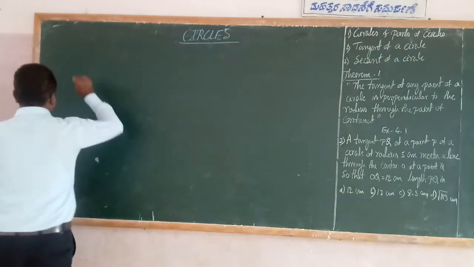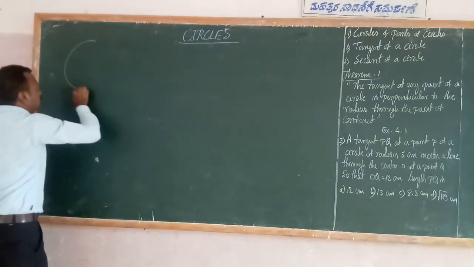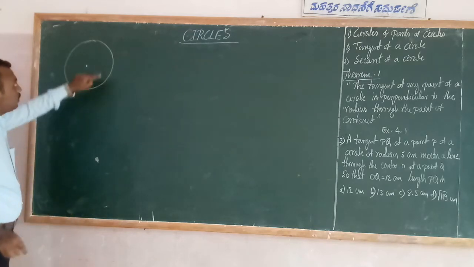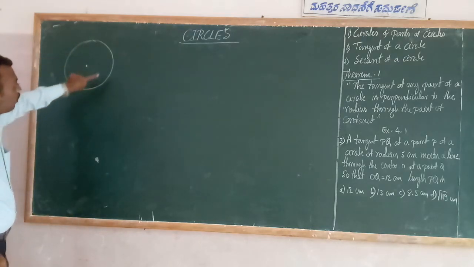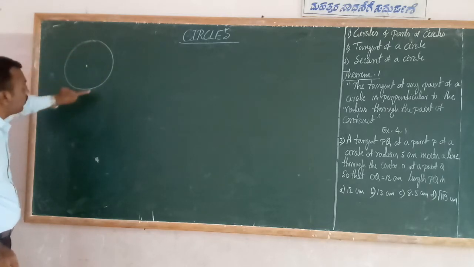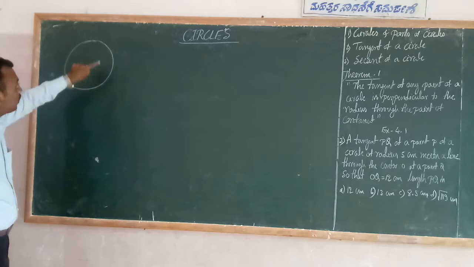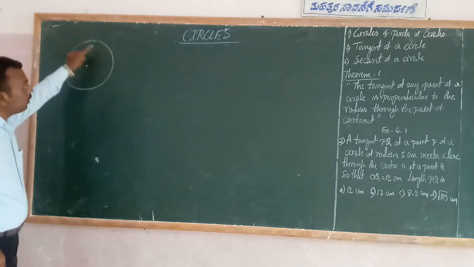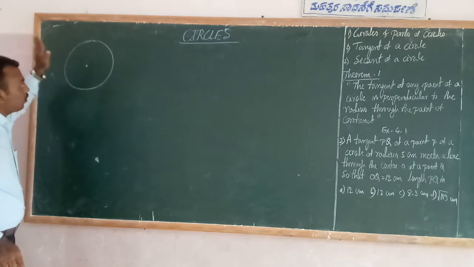First, we know already what a circle is. A circle is a closed curvilinear figure. Curvilinear means curved line. The circle is a figure bounded by a curvilinear line, and it is a closed figure.